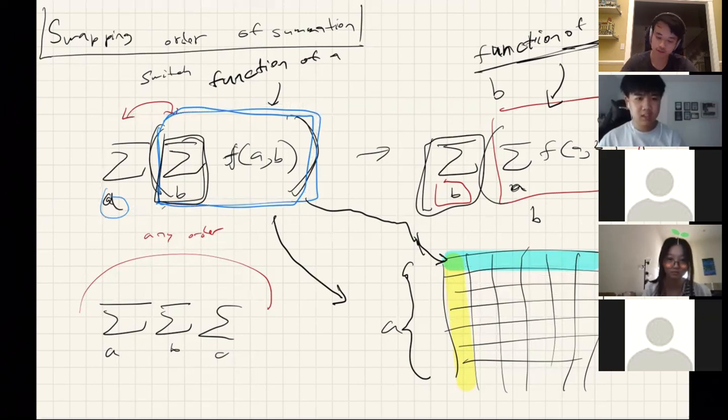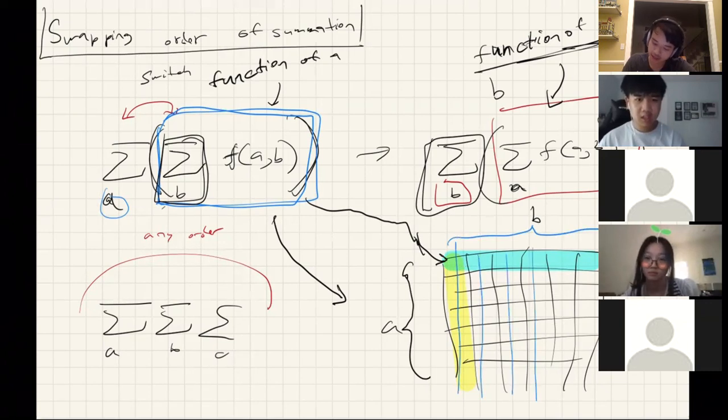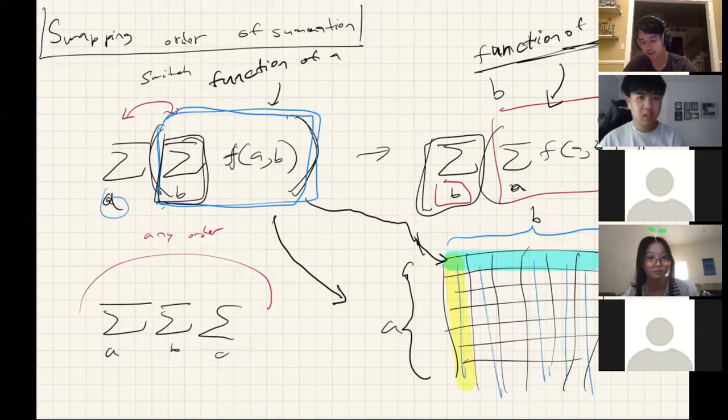But you can also sum it by looking at the columns, right? Each of the columns is going to represent a sum of a over each b. So you can sum this over all b, and clearly you're going to get the same result as if you summed the rows this way.